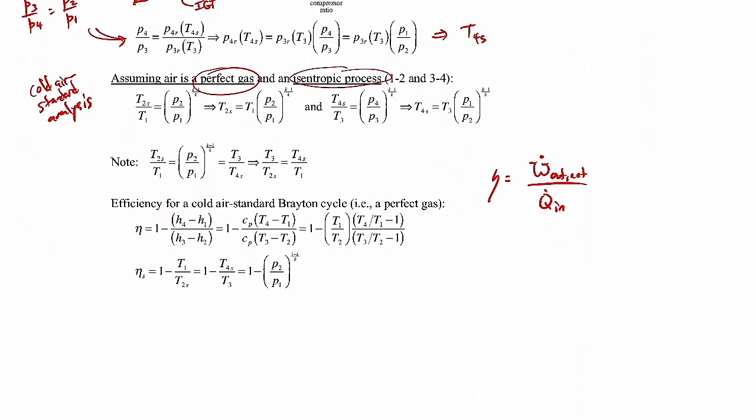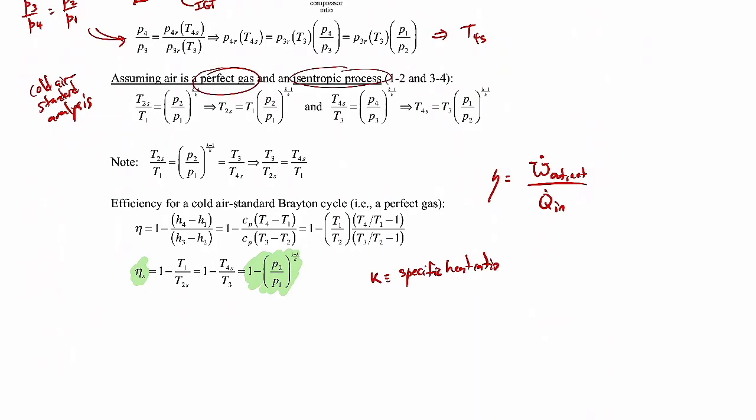If you're doing a cold air standard analysis where the specific heat is a constant, we could write delta H in terms of Cp delta T, and then do a little algebra on this, and then ultimately what you see is the efficiency for the cold air standard analysis is related to the pressure ratio across the turbine, as well as the specific heat ratio. k is your specific heat ratio of your working fluid, your air, for example.